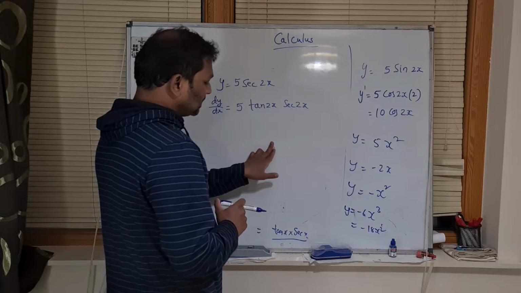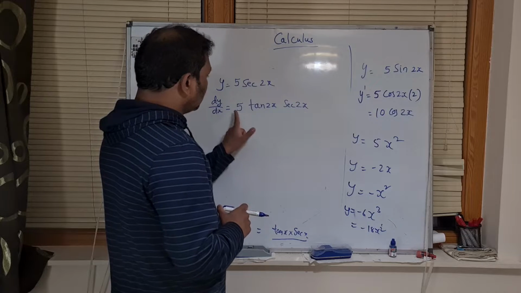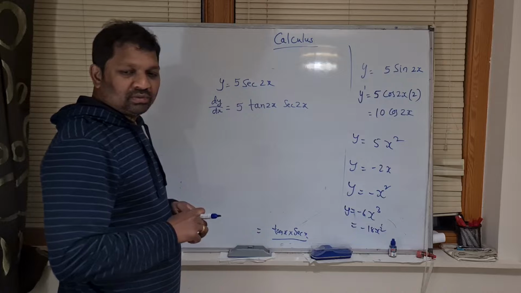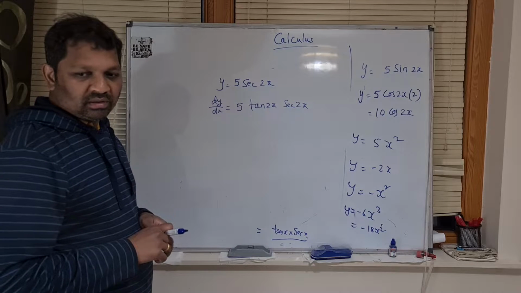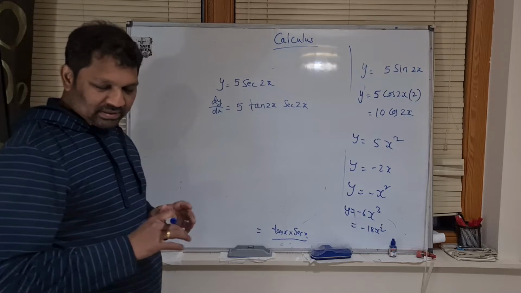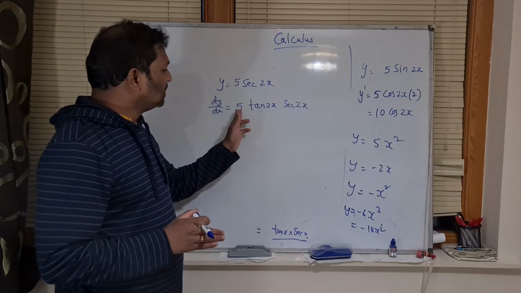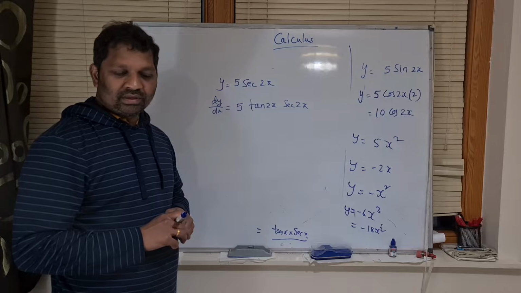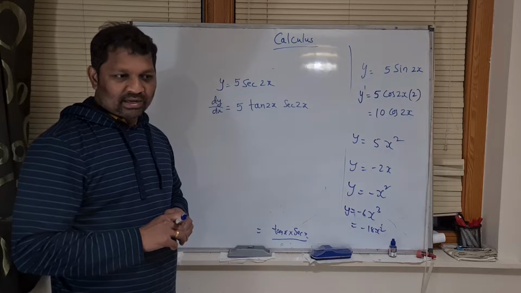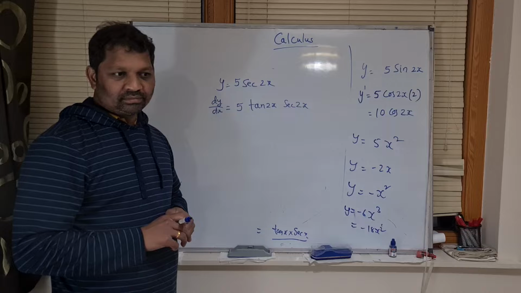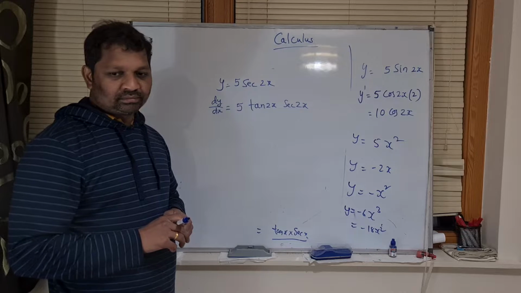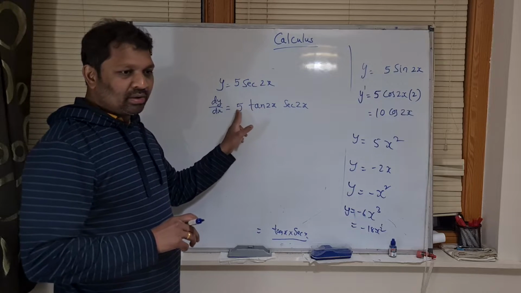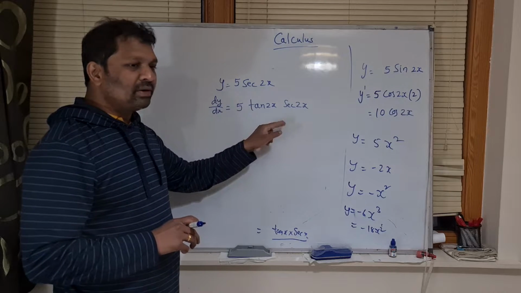Where did you get that? Multiplying the 5 with the angle 2x is utterly wrong.